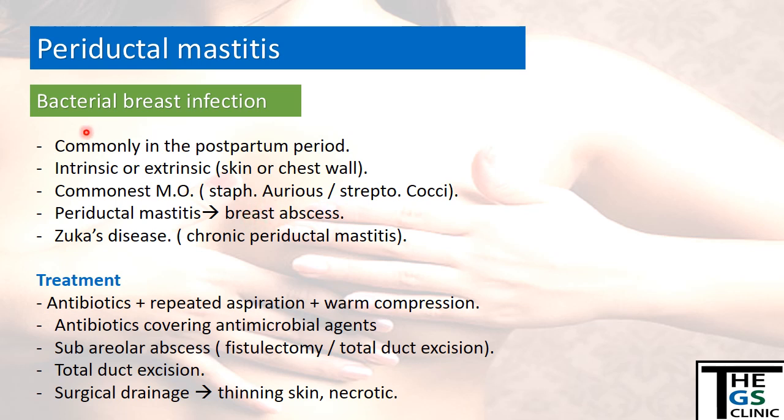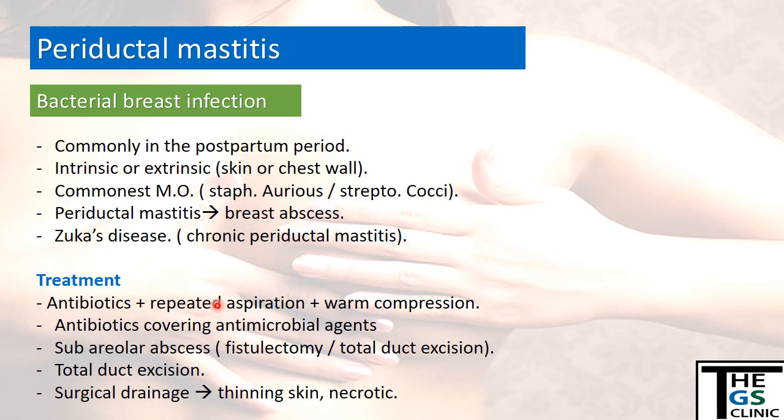How can we treat this periductal mastitis? It's simple. First of all, if we don't have abscess and it is just an inflammatory and infectious process, we can go with antibiotics and warm compression. But if we have an abscess that is formed, we need to do repeated aspiration under ultrasound guide for this abscess until the condition is resolved and the patient's condition improves.